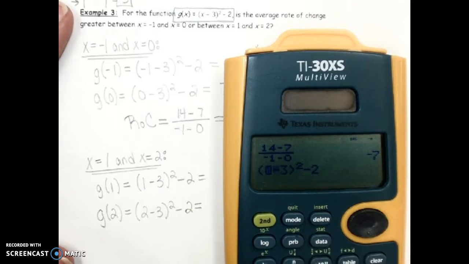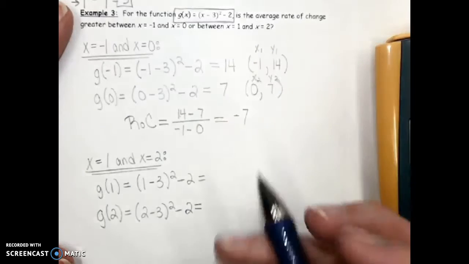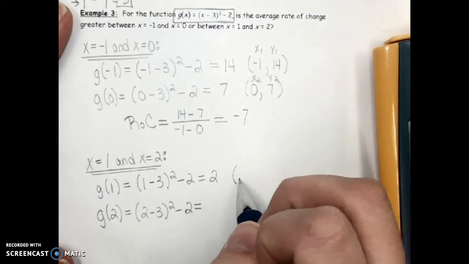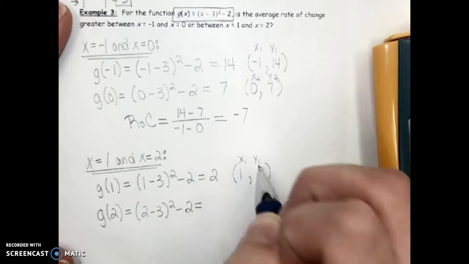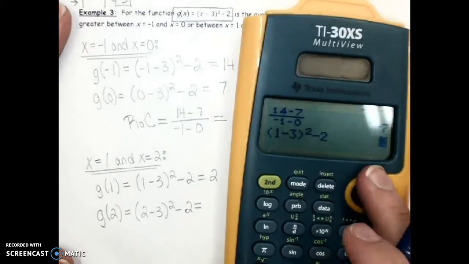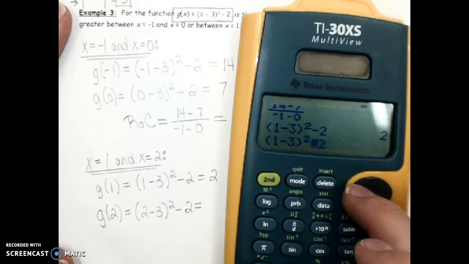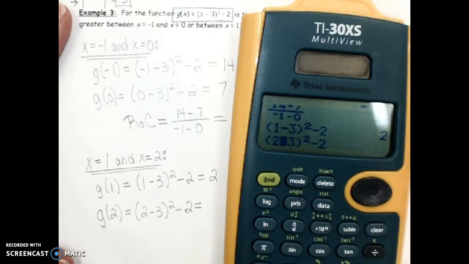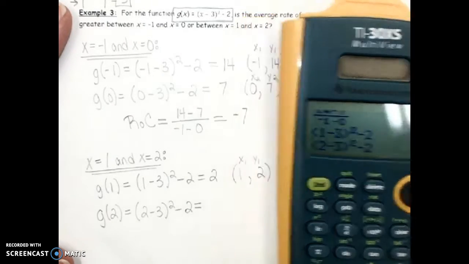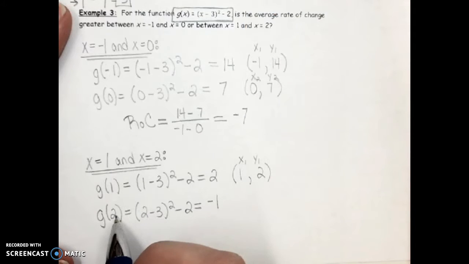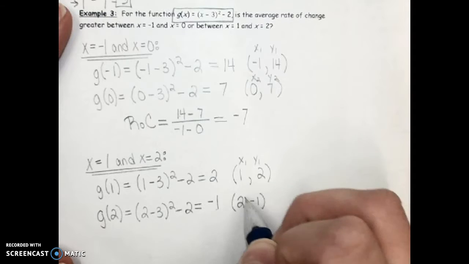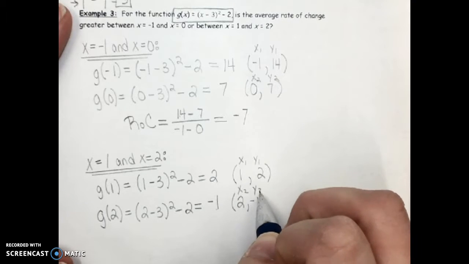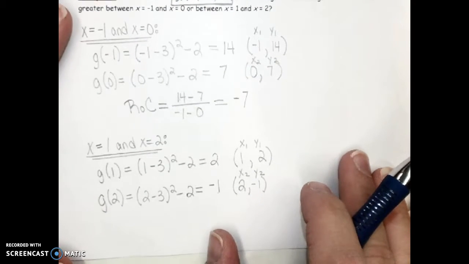I plug in 1, I get out 2. There's my ordered pair, my x1, my y1. Go back into my calculator. Change that 1 to a 2 because that's what I'm plugging in for x. I plugged in 2, I got out negative 1. So my ordered pair is (2, negative 1), x2, y2.